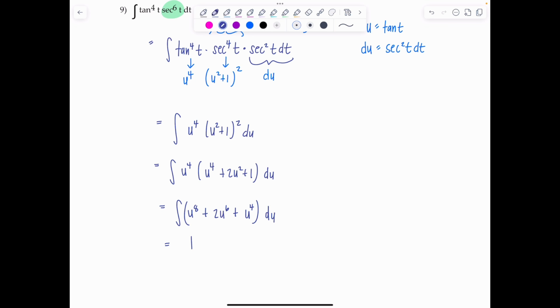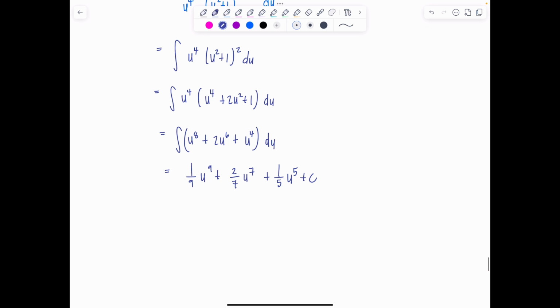And then anti-differentiate term by term: 1/9 u to the 9th plus 2/7 u to the 7th plus 1/5 u to the 5th plus c. And then go back. u was tangent t, so 1/9 tangent to the 9th t plus 2/7 tan to the 7th t plus 1/5 tan to the 5th t plus c.